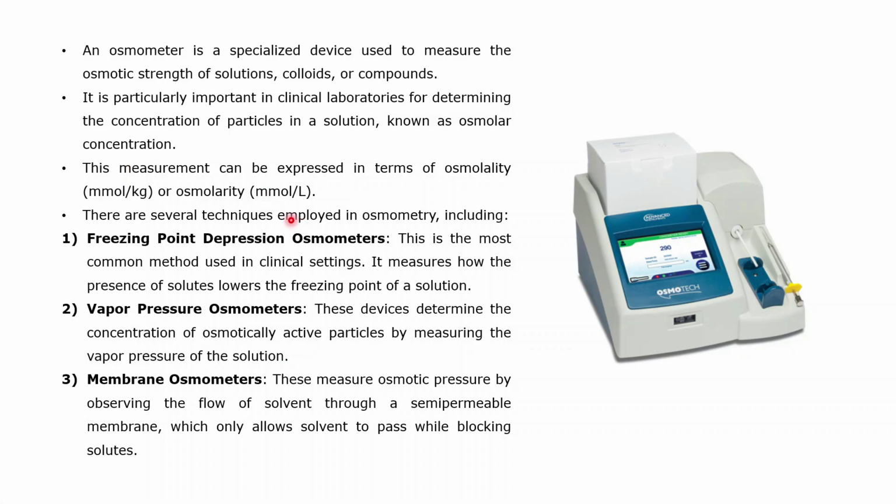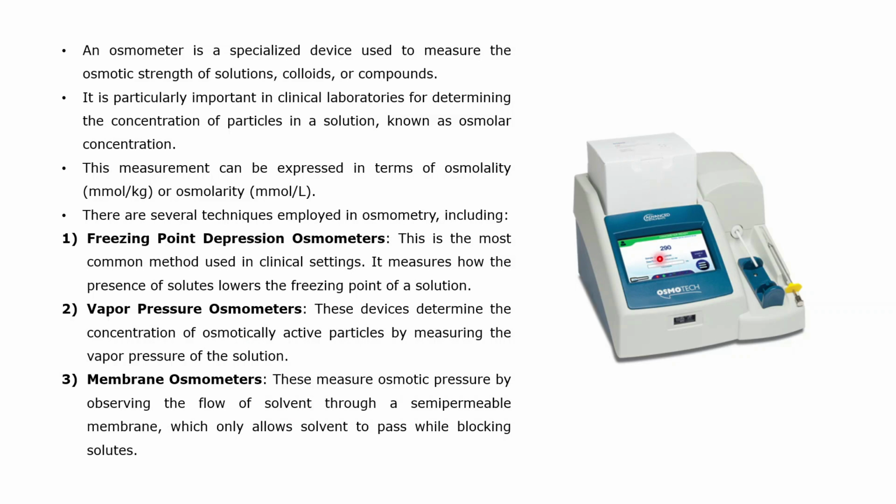Factors like freezing point depression, decrease in vapor pressure, the membrane osmometer detecting changes in osmotic pressure by movement of solution from one side to the other, and elevation in boiling point are determined by this osmometer, and based on that it gives a value.